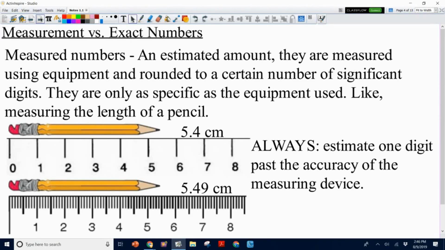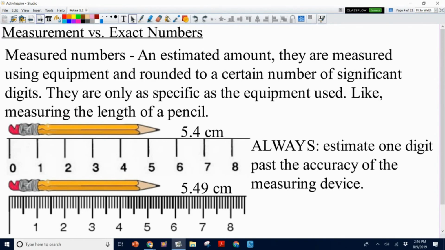So the pencil can be measured more accurately by using the bottom ruler. So I'll write this down. Always, always, always estimate 1 digit past the accuracy of the measuring device. So pause here so you can write that down.